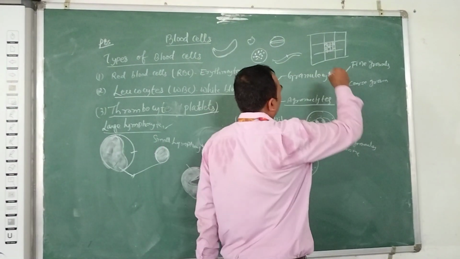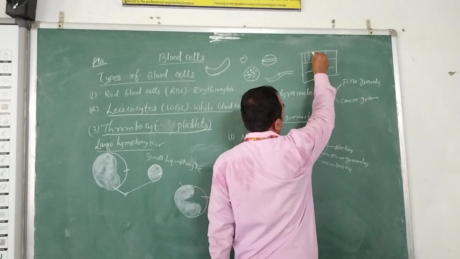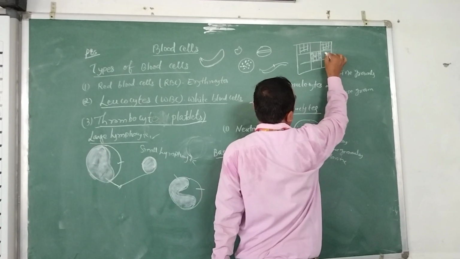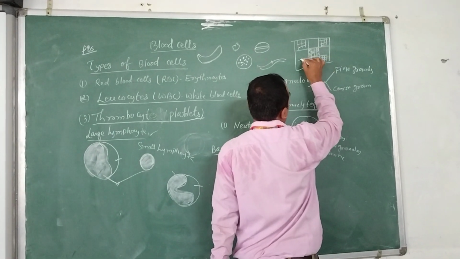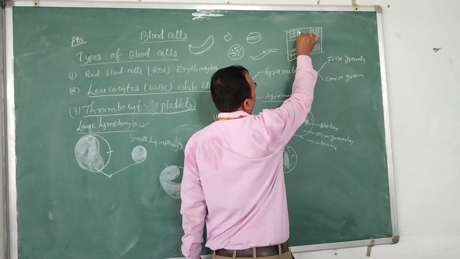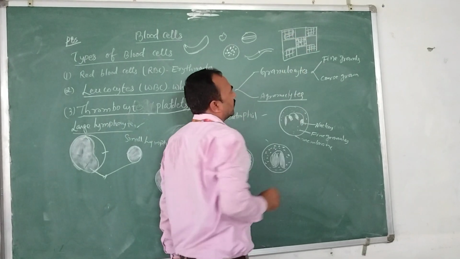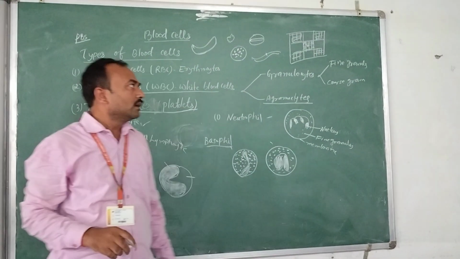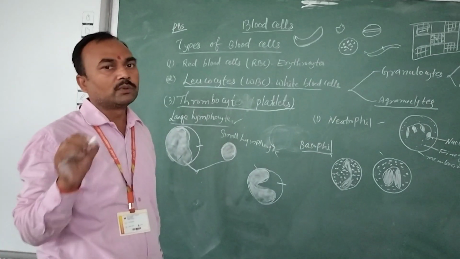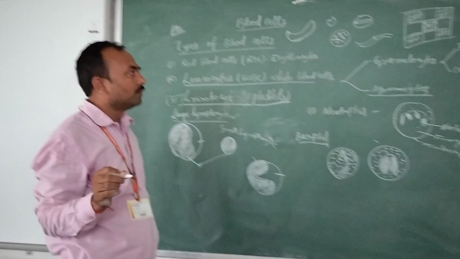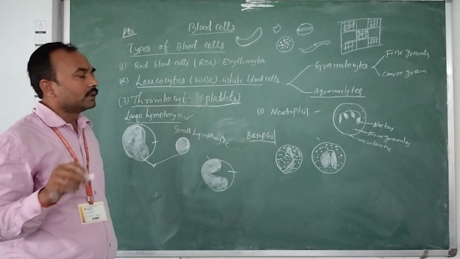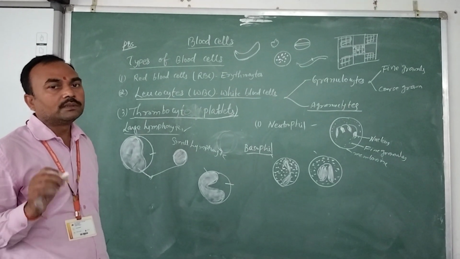Suppose this is the Neubauer counting chamber. There, the four corners, we can utilize the 16 squares for counting of WBC cells. We can go through in this direction and count the cells. In total, four times 16 squares, I mean 64 squares, we have to count, and we have to total the number, and using the formula we can calculate the total number of WBC cells.